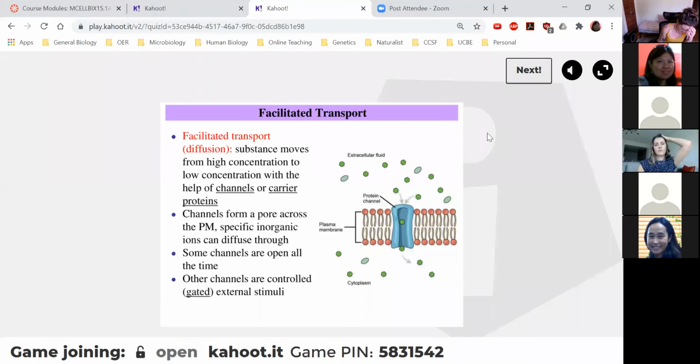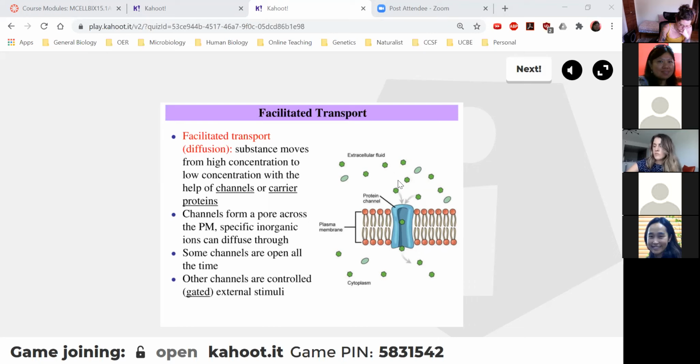So that is for molecules that can cross the membrane on their own. For molecules that cannot cross the membrane on their own, look at this picture. That hexagon represents, let's say, glucose. Remember, it's a 6-carbon molecule, so it cannot cross the membrane, and we need the help of these carrier proteins to help it cross. Because it's going from high glucose concentration to low glucose concentration, it's called facilitated diffusion.